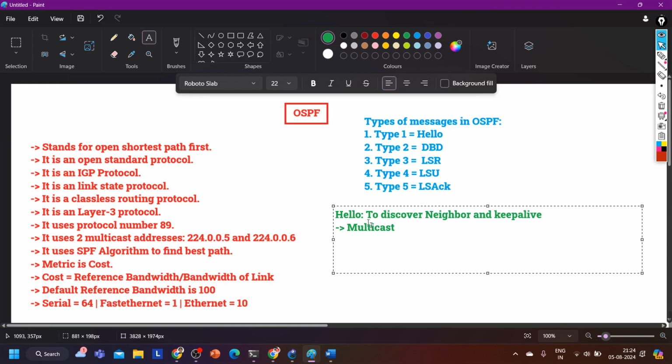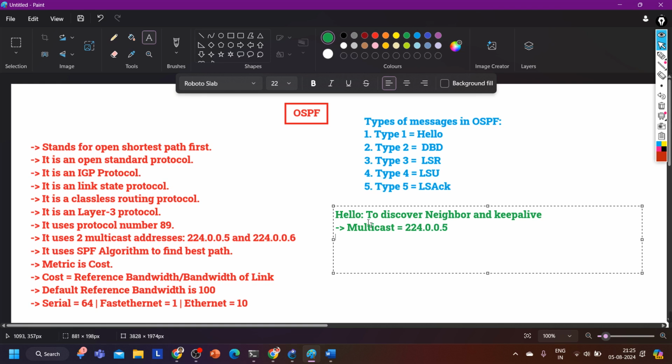Again we have two types of neighborship in OSPF, static and dynamic. So in dynamic neighborship, OSPF will send hello message on multicast address. On what multicast address? 224.0.0.5, right?